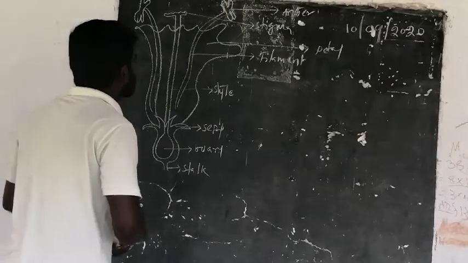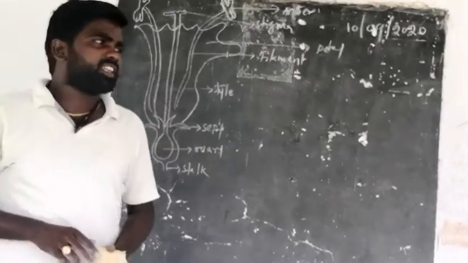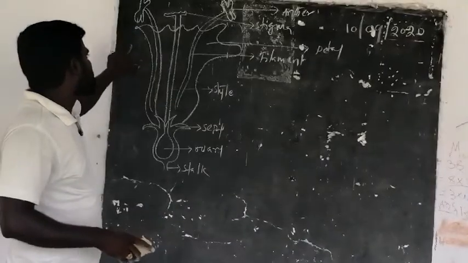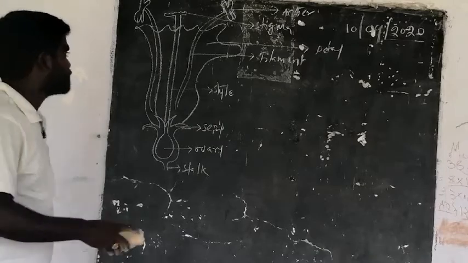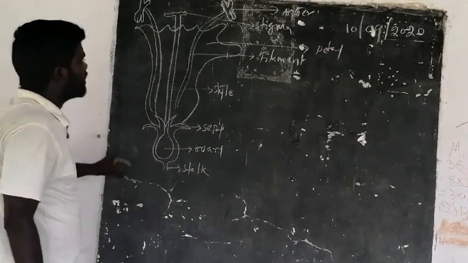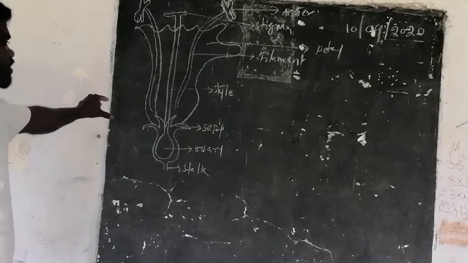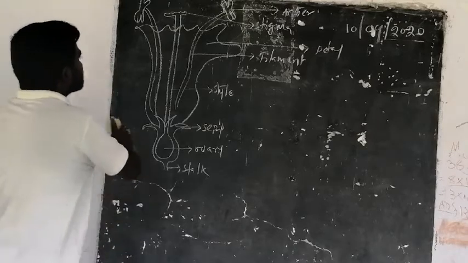Now let us see the arrangement of these petals and sepals and the parts of the flower. This is a rough diagrammatic view of a flower.